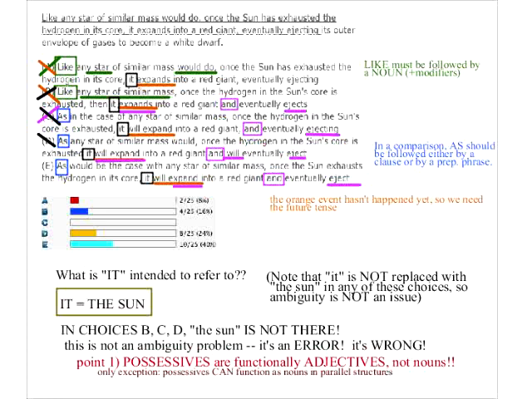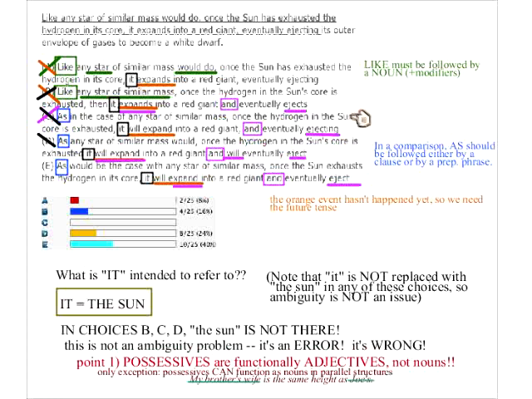For example, if you say something like, my brother's wife is the same height as mine, or is the same height as Joe's. So in this case, Joe's stands for Joe's wife. Because it's a parallel structure, that's fine. But in any other instance, it's not.